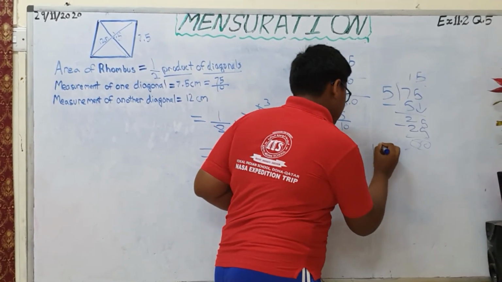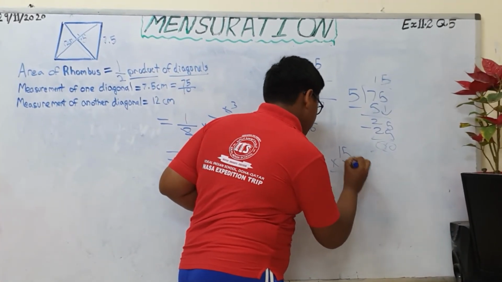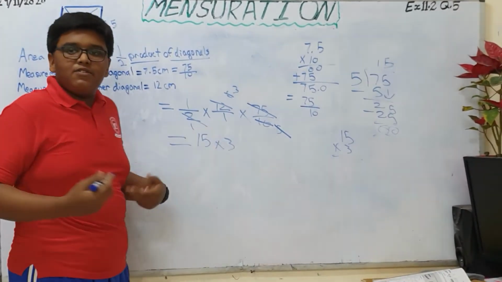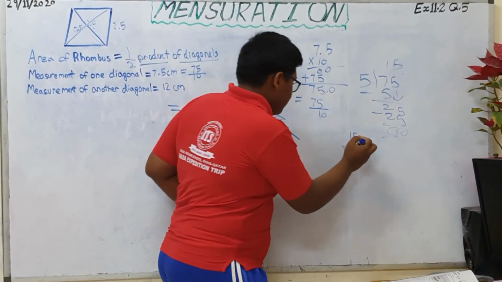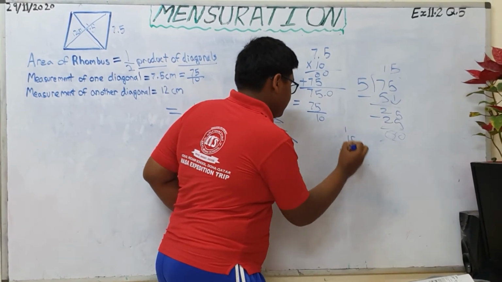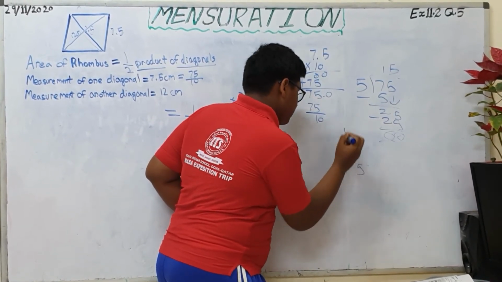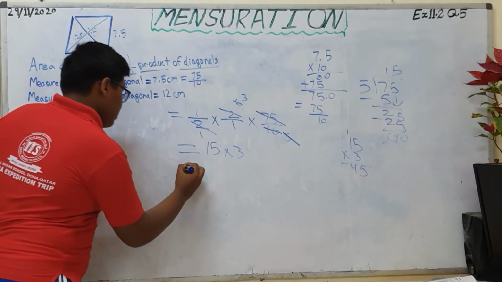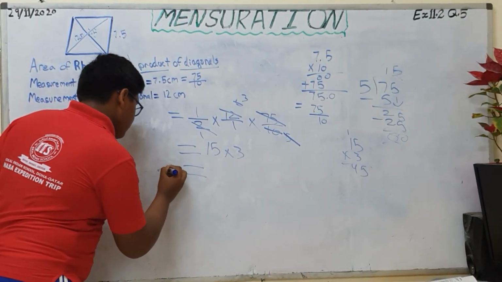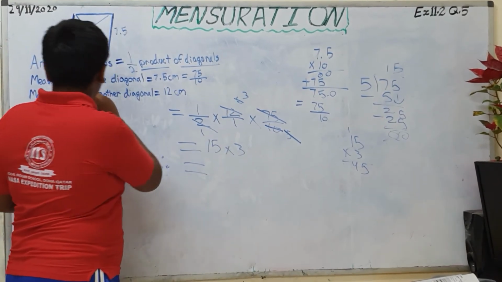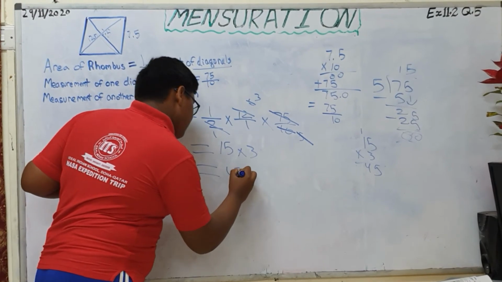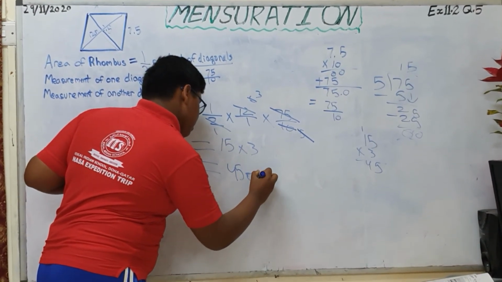The other ones are cancelled, and there will be ones only. 15 into 3: 5 threes are 15 and 3 ones are 3, plus 1 is 4. So we got the answer 45. Therefore the area of the rhombus is 45 centimeter square.